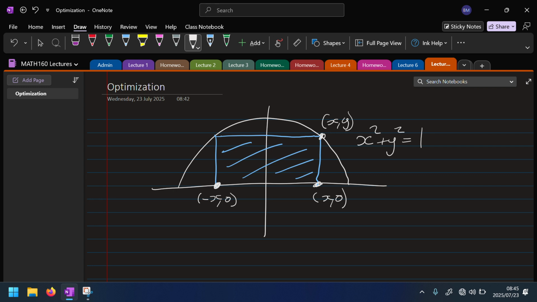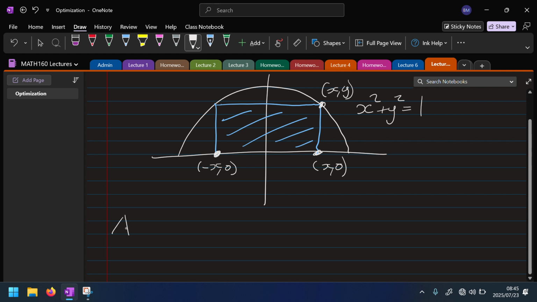Okay, so with this in mind, we can work out the function that we want to optimize. In this case, we want to optimize the area, so we need some sort of area function. So the area is going to be, what's that going to be? Base times height. If we go from the origin to the right point, that distance is going to be x, because the coordinate is x.